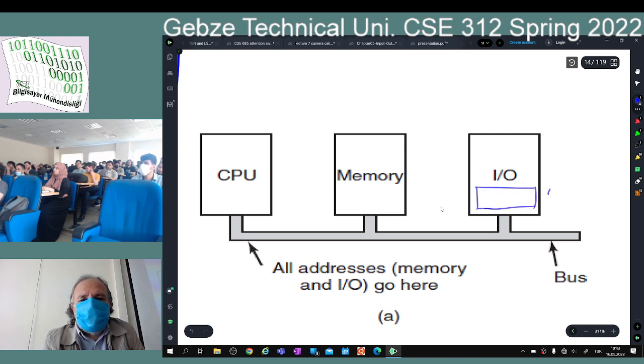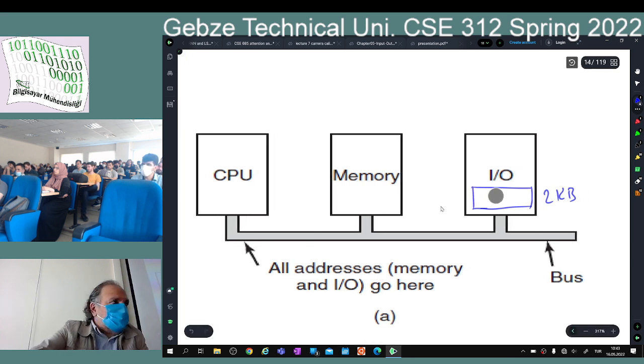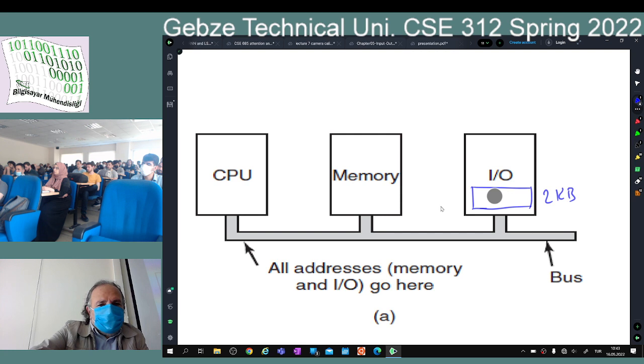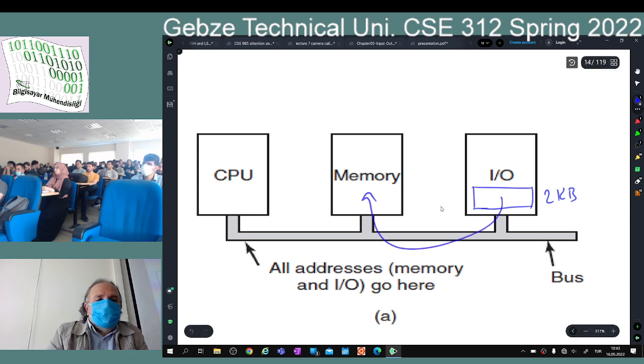As you asked, it is 2 kilobytes of data. Now the operating system knows that my data is ready inside this controller's buffer. So using those I/O instructions or the memory mapped I/O, I need to transfer these bytes one by one to the memory. Who is going to do this? Of course, the CPU is going to do it.